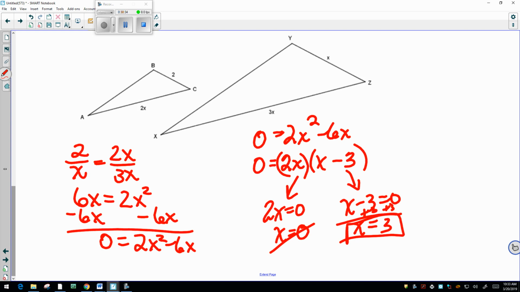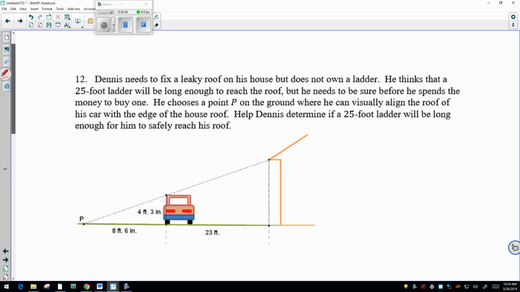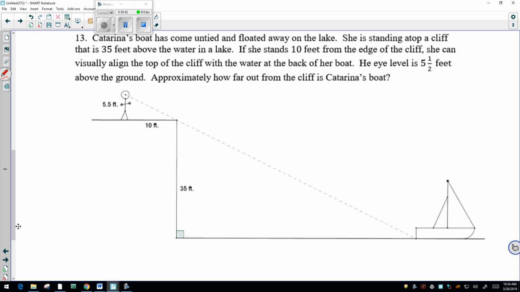Let's flip over to number 12. Actually, what I think I want to do is let's go to 13 and then we're going to come back to 12. Okay. So Katrina's boat has come untied and floated away on the lake. She is standing on the top of the cliff that is 35 feet above the water in the lake.